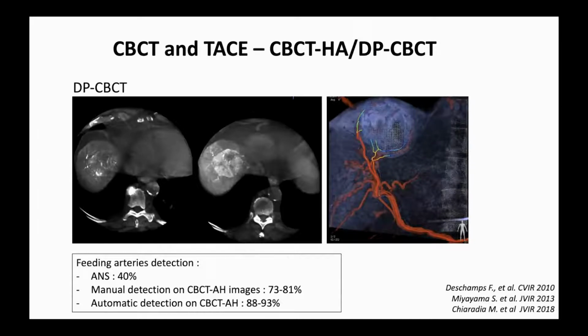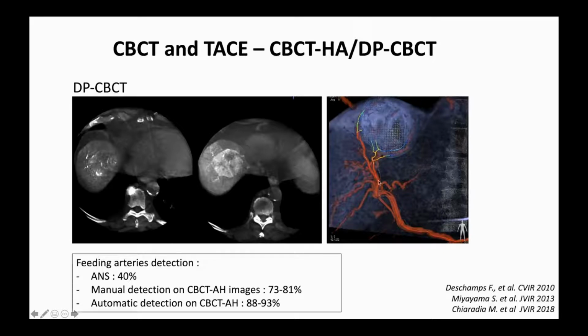First, using the cone-beam CT images, especially the dual phase cone-beam CT, which is 2 consecutive CT scans with 1 contrast media injection into the proper hepatic artery. You can use the arterial phase for the 3D arterial tree of the liver, and the late phase to segment the tumor.